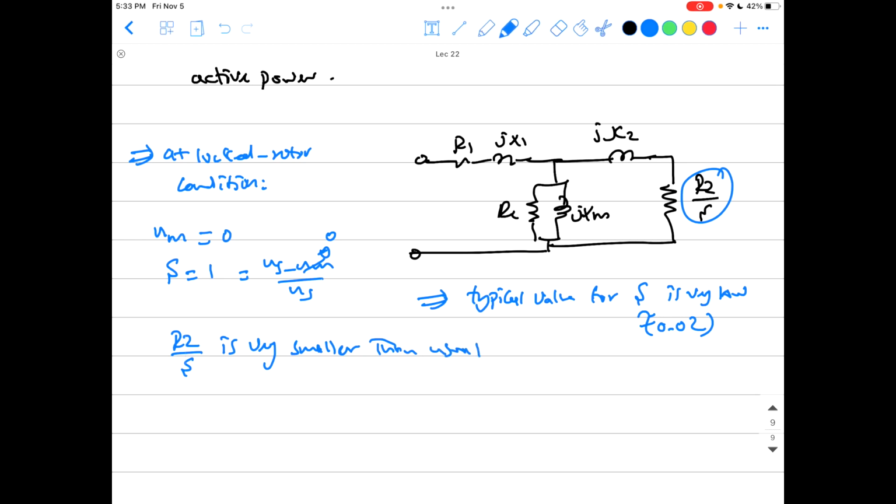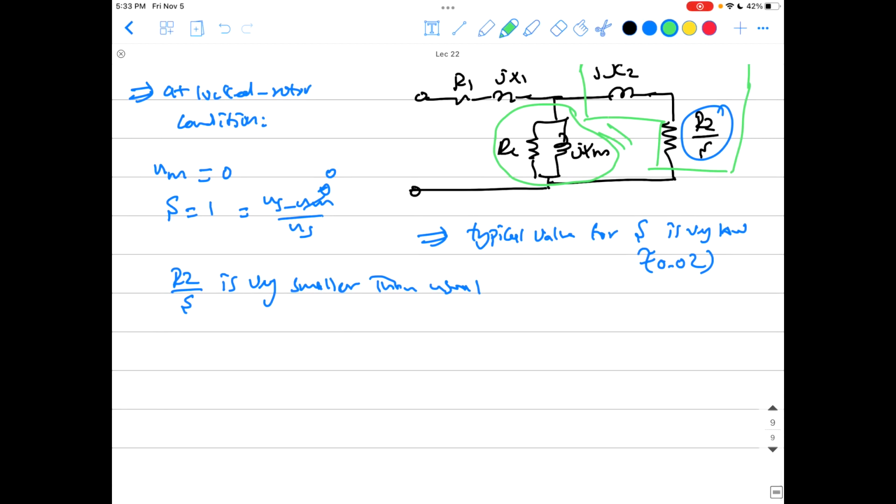And like you've seen here, look at this. From this equivalent circuit, the total impedance of the rotor, which is R2 over S plus JX2, is connected in parallel with this shunt element. It's just the circuit like it's showing here. And to keep that in mind, the shunt elements RC and XM are very large compared to R1 and R2 and X1 and X2.